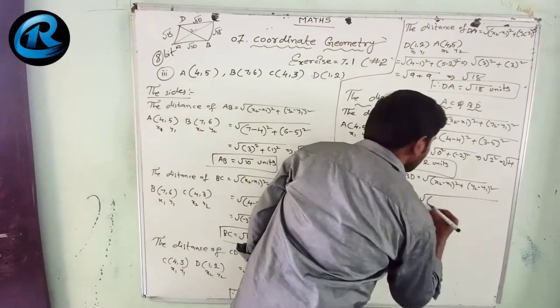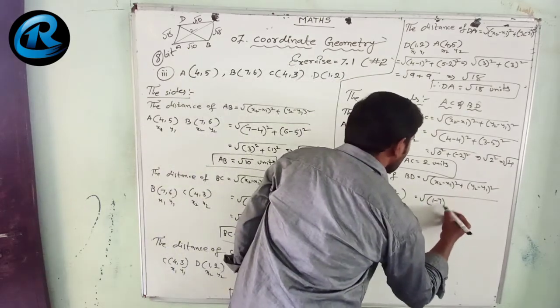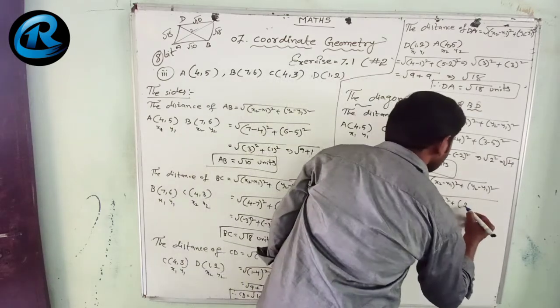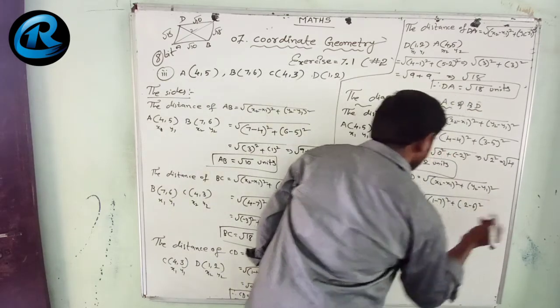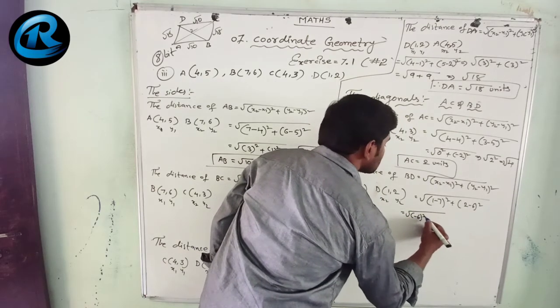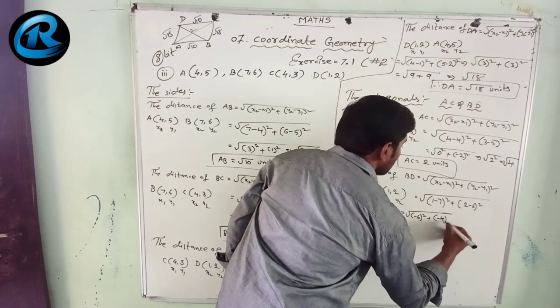That equals under root of x2 minus x1, 1 minus 7 whole square, plus y2 minus y1, 2 minus 6 whole square. That is 1 minus 7 is minus 6 whole square plus 2 minus 6 that is minus 4 whole square.